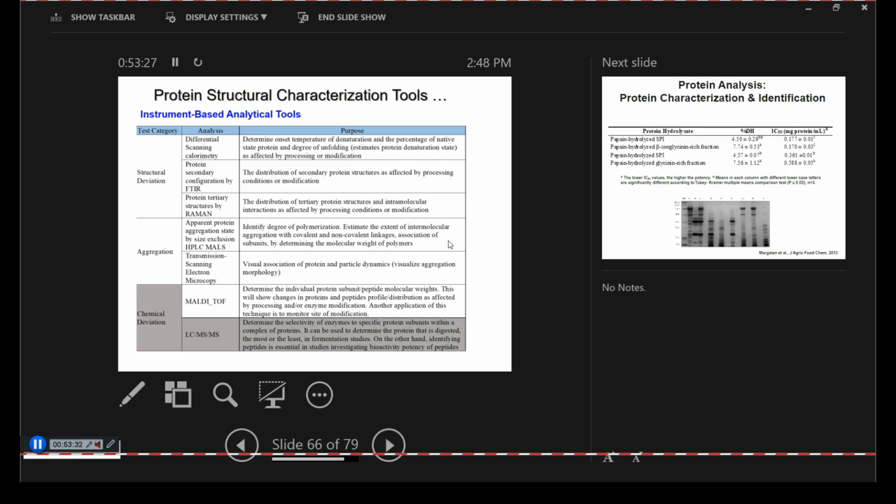So it's used to determine which protein got digested. It's useful in fermentation studies to determine the efficiency of protein digestion by certain enzymes during fermentation, or identifying peptides that have bioactivity, for example, and that is an application we used in our lab.